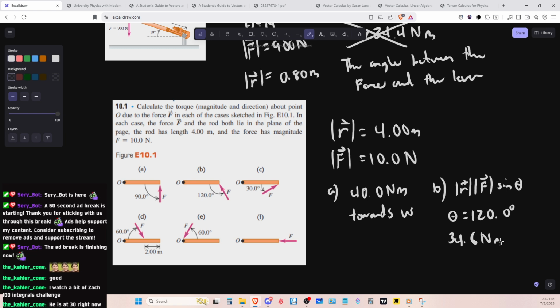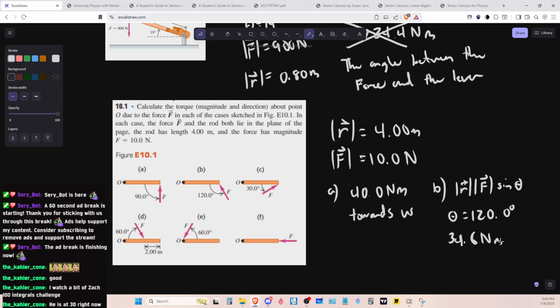And at this rate, the force is pointing this way, and we're going down this way, so it's still pointing towards us, the O point.